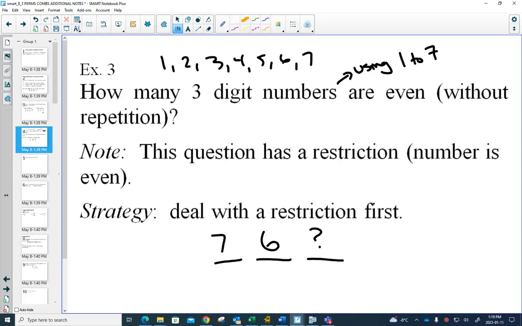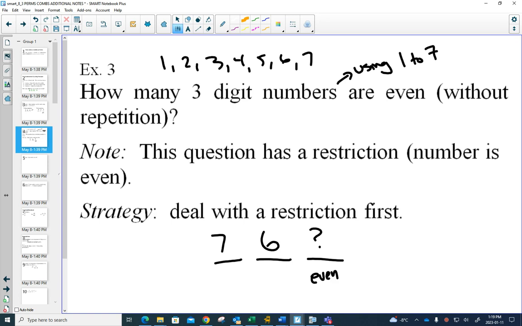That 7 means you had 7 choices, and any one of those choices could be there. Which means I could have put a 2 there, but I don't know. I could have put a 4 here, but I don't know. So when I get to my last space, and my last space has to be an even number, I don't know how many options I have left, because I don't know what my choices were to begin with.